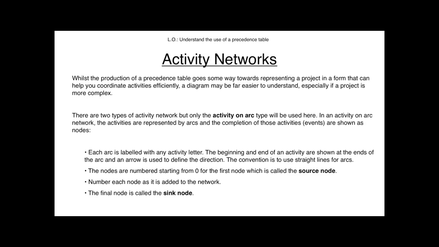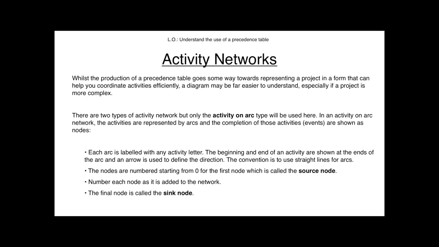The nodes, so the completion of each task, are numbered from 0 up to however many we need to complete the project, and we start at 0 because that's where we're starting from at time 0. That's called the source node.